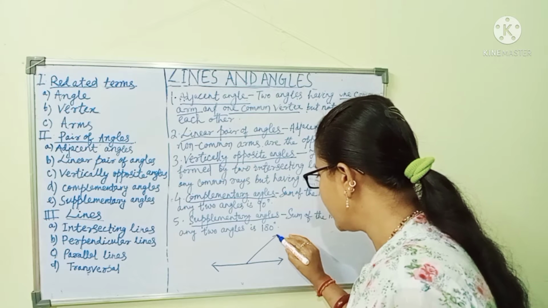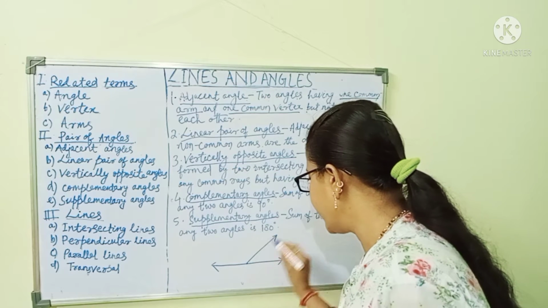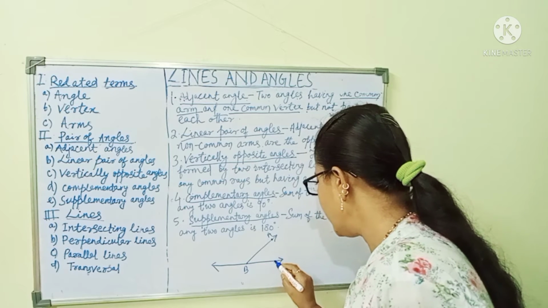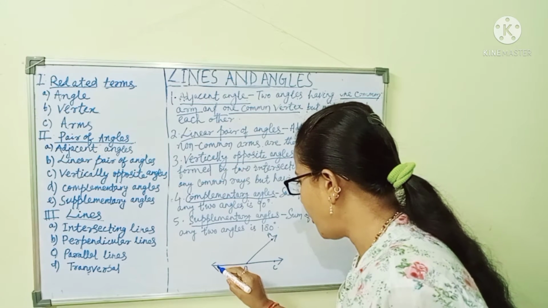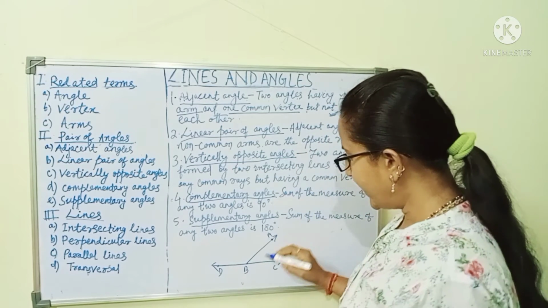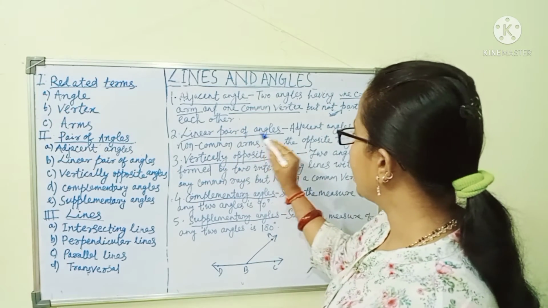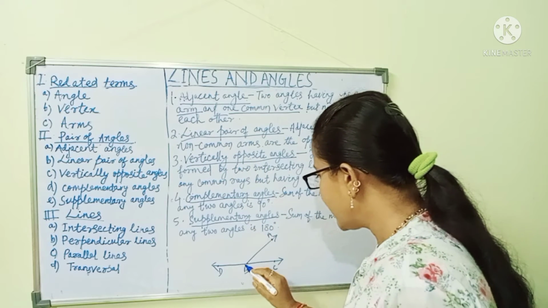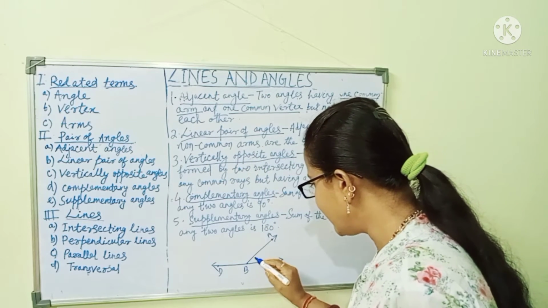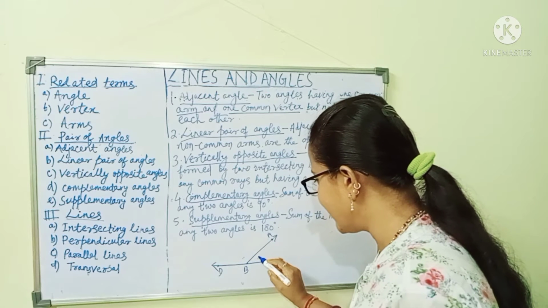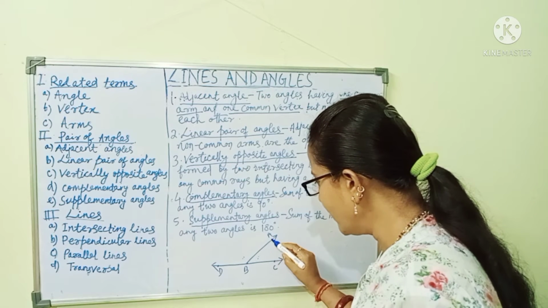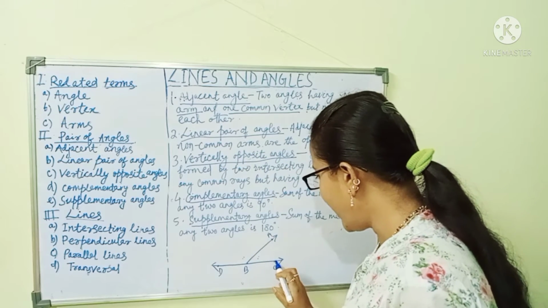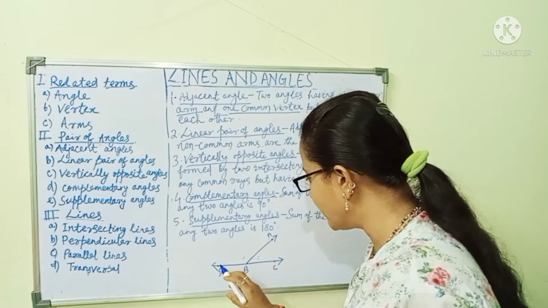I'll write this is A, this is point B, this point is C and this point is D. So here, adjacent angles whose non-common arms. These are two adjacent angles. Here is the common arm, but non-common arms, where these are the non-common arms.